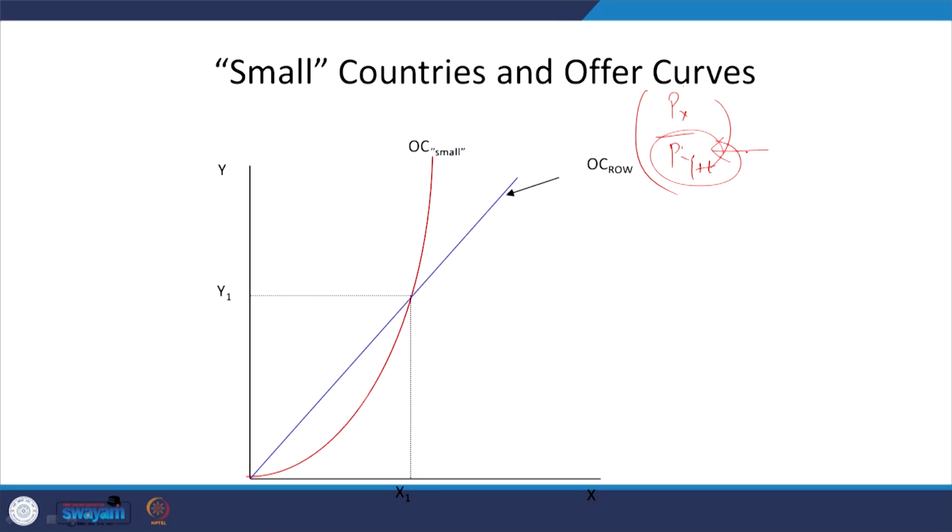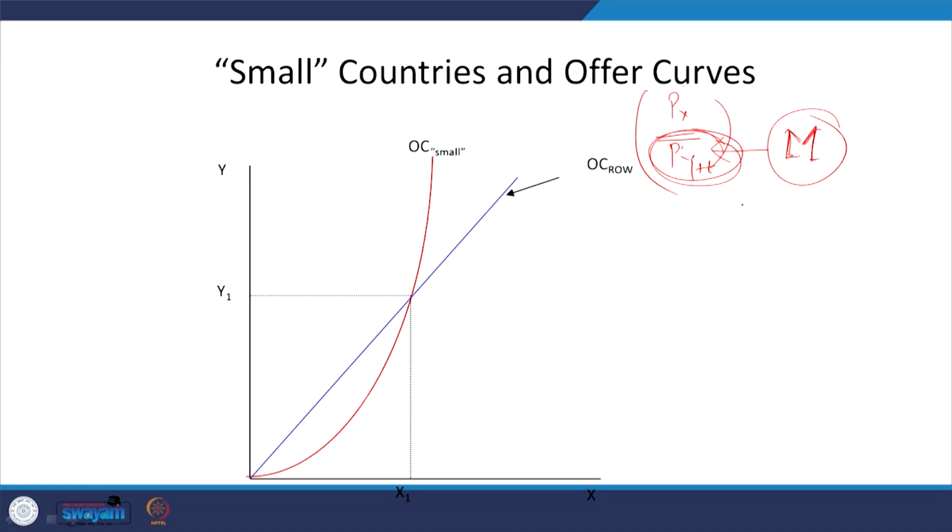The world's import demand is not going to change due to a tariff on the imports raised by the small country. Therefore, the price of imports, or the price of Y, is not going to change, because this is going to be constant.